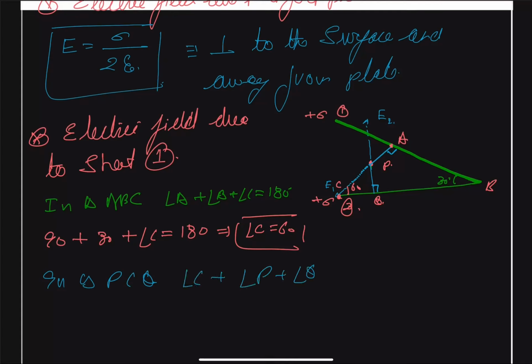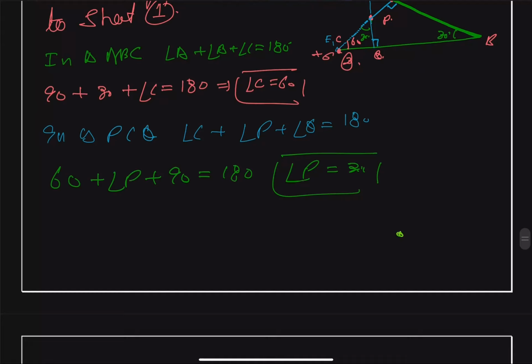So this angle is 30. Based on this we can easily divide the electric field E1. Let me draw it separately. This is point P, and we have electric field E1 in this direction, and this angle we found is 30. Therefore one component will be E1 cos 30, and the other component will be E1 sine 30.